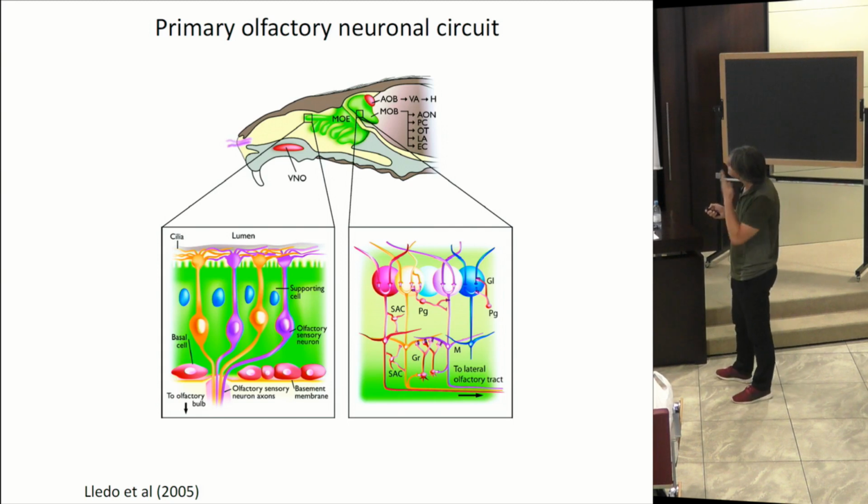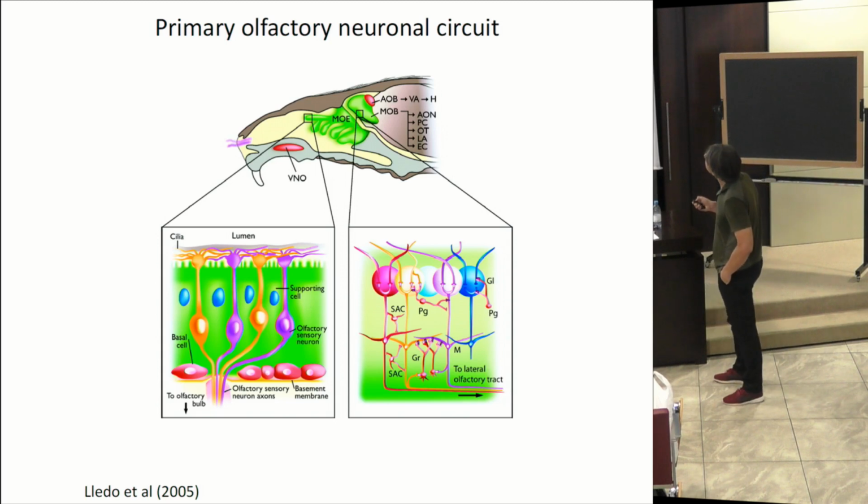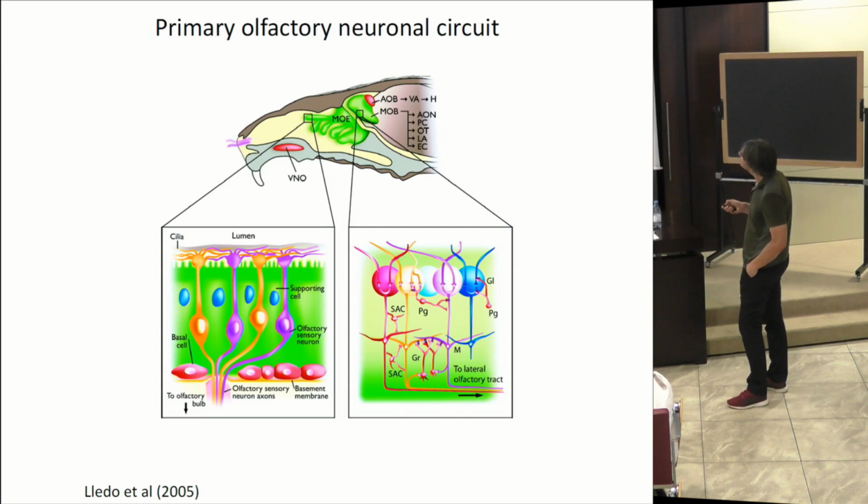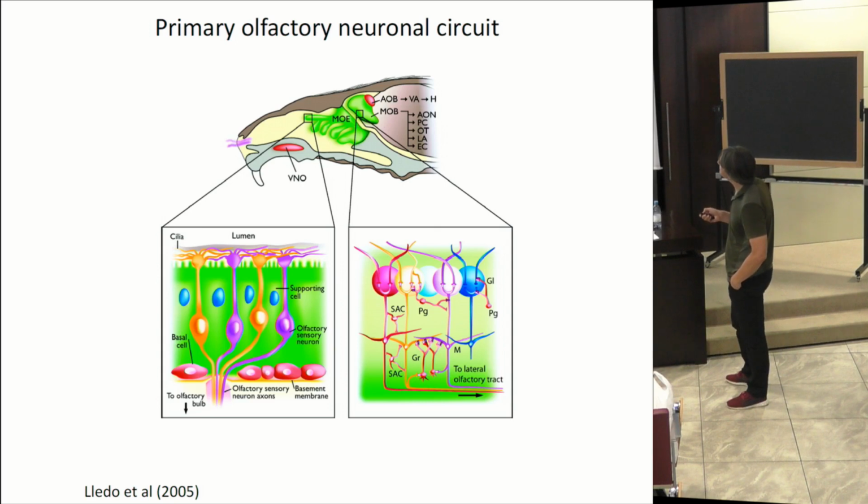Just to give you a brief introduction to biology, here you can see the head of a mouse, which is cut in the middle, and this is the olfactory epithelium in the nose. Here is the cilia.